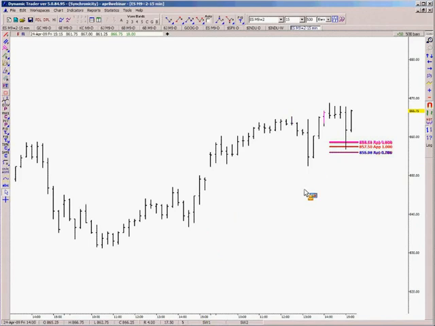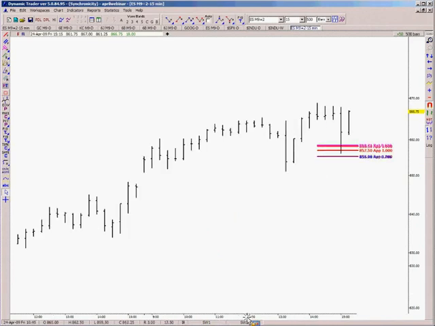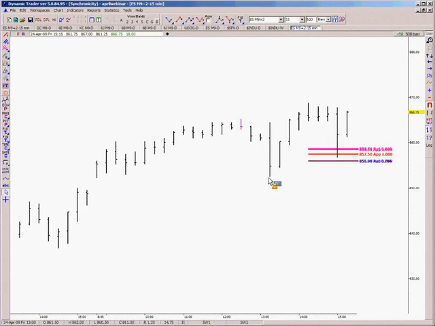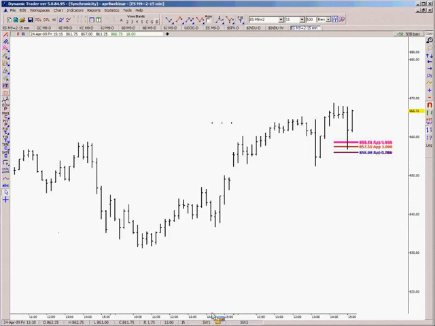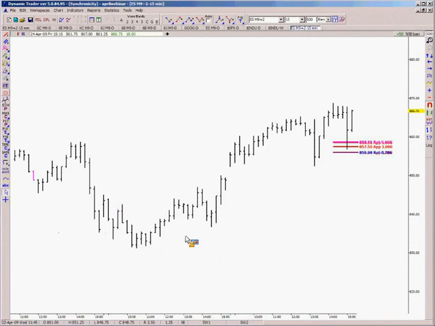There are no real extensions in this example, because all you can see really are the symmetry projections of these prior declines, and I'll show you where they came from. So these are the corrective declines within the uptrend, and that's what you projected from the new high.